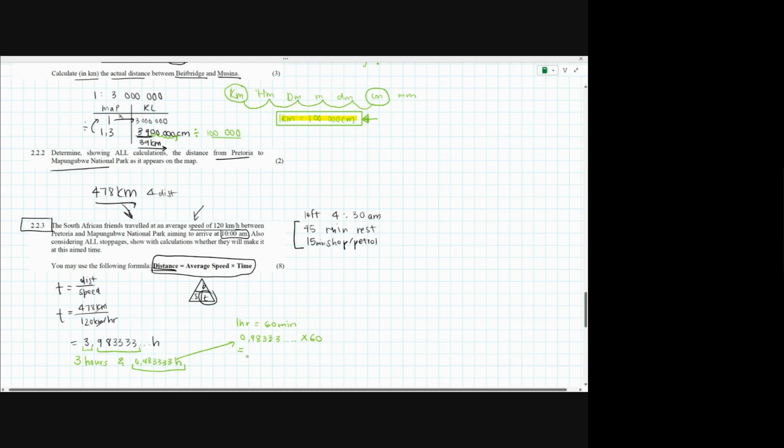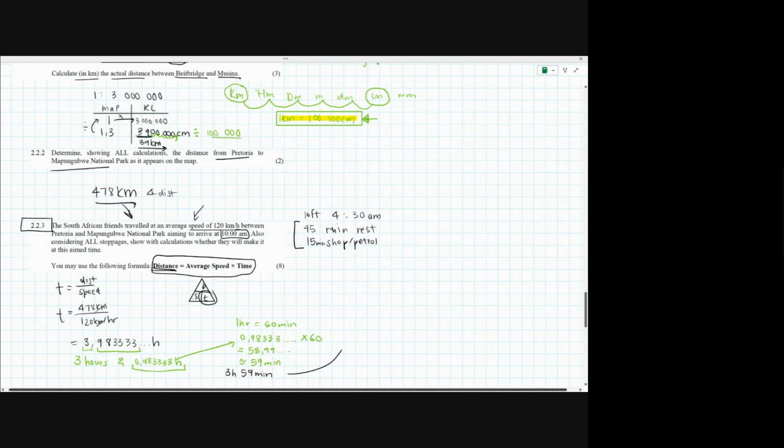And that gives me 58.99, etc. So it's about 59 minutes. We don't expect you to go into seconds. That would be ridiculous. Right, so it's about 59 minutes, which means that just the time they actually spend driving takes them 3 hours, 59 minutes.